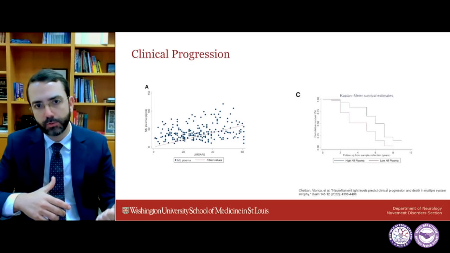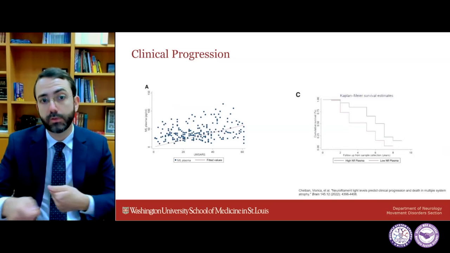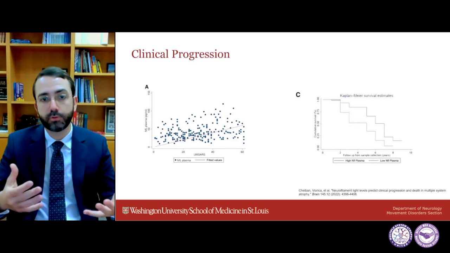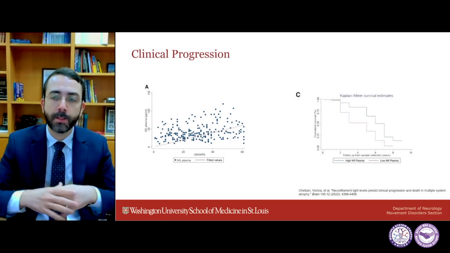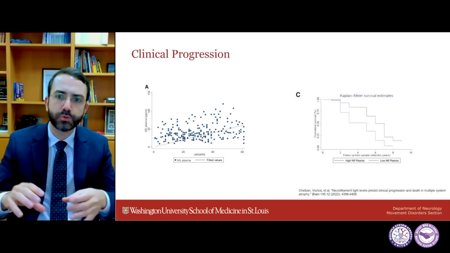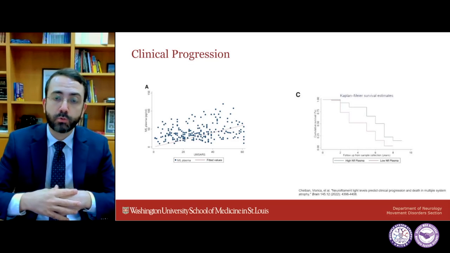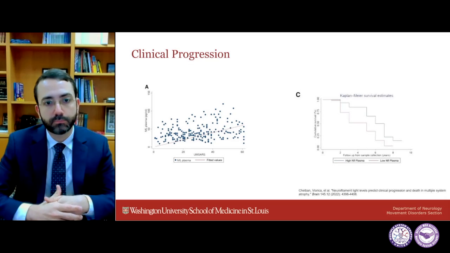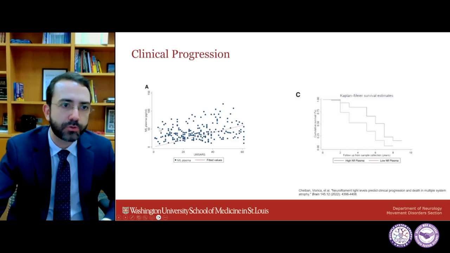We know that to get spinal fluid, we require a neurologist usually, or a physician, to perform a lumbar puncture, whereas for blood measurements, we can simply go to the lab and collect those. So if there is a high level of correlation between those two in MSA patients, that would be quite an exciting finding.